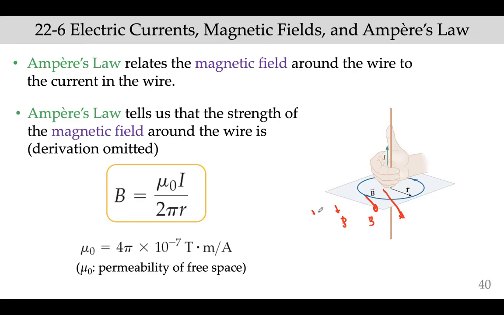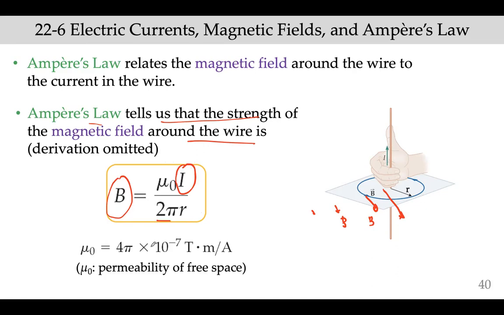But what is the formula for the magnitude? Well, Ampere's law tells us the strength of the magnetic field around the wire. We skip the derivations here, and the result is this one. So the magnetic field created by a current in the wire is given by this formula.